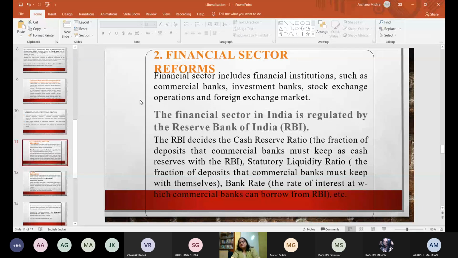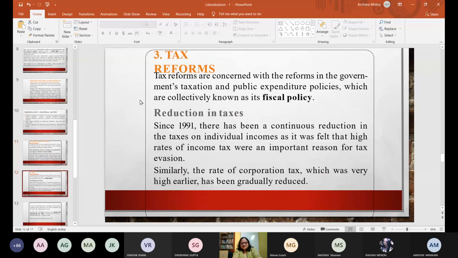A very, very important sentence: now there is no need to apply to the central bank for a license to open new branches of a bank, or for new products and services brought in by these banks. It is not required that you take permission. You are allowed in case you are a reputed and successful bank. FIIs are now allowed full investments in our banking sector.